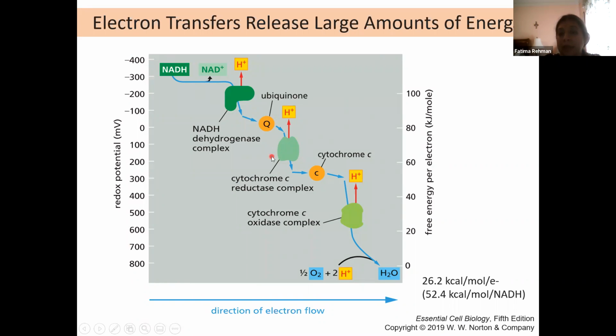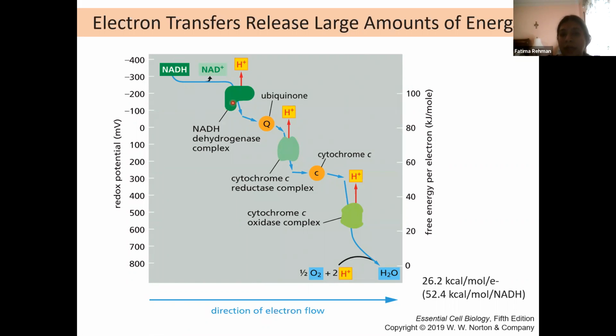So now in this process, you can see how much energy is getting utilized and released at each step. At NADH, you have a lot of potential energy. And at each step in this stepwise reaction, you take some of that energy out of the system.